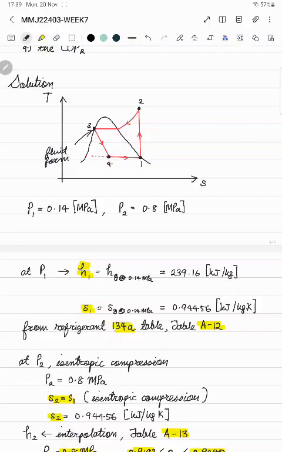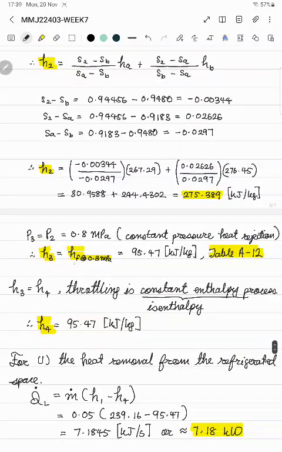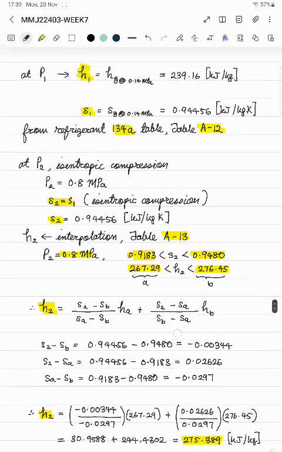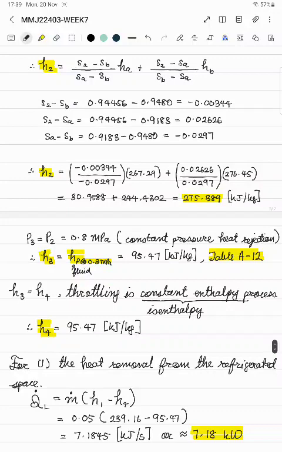That's why we use the HF, fluid form. And since the process from 3 to 4 is a throttling process, the enthalpy doesn't change because it is an isenthalpic, constant enthalpy process.